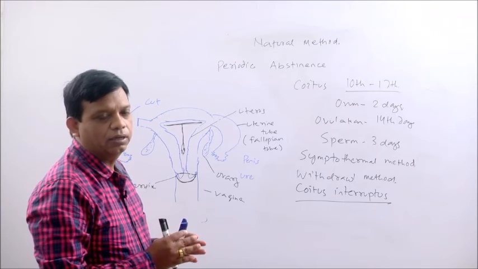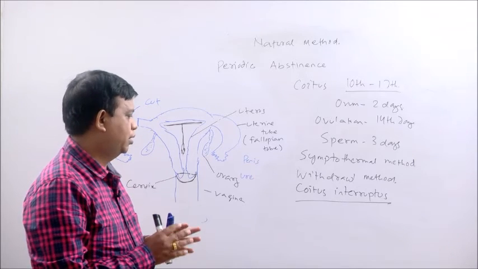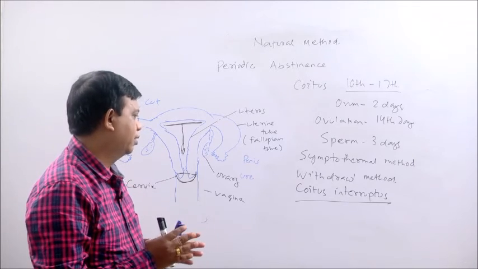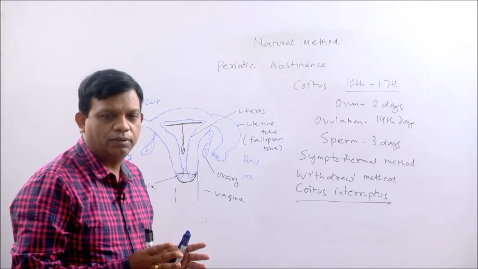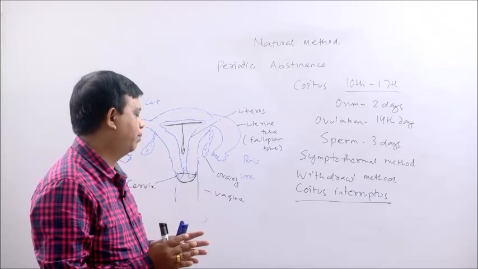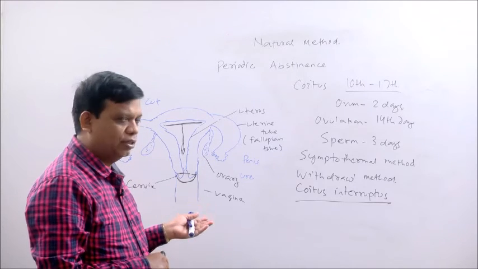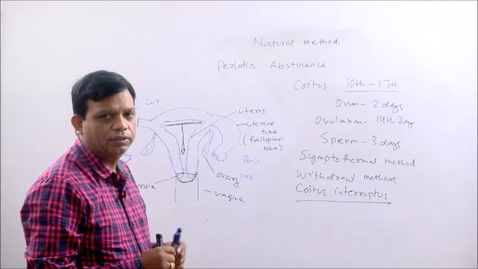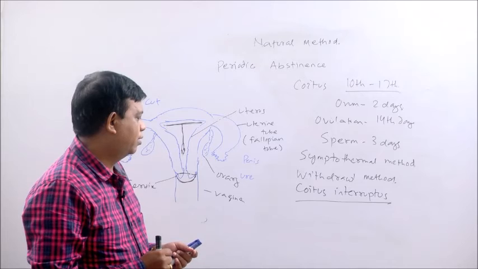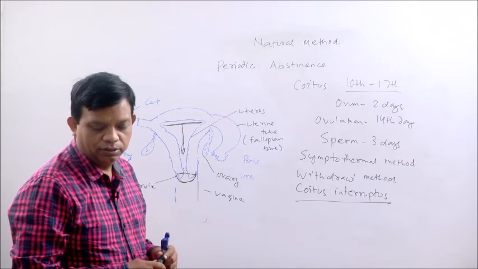The sperms are released outside the female body. This process requires a lot of self-discipline on the part of the male partner. Also, the problem with this method is that even before ejaculation, there might be leakage of sperms into the genital tract.